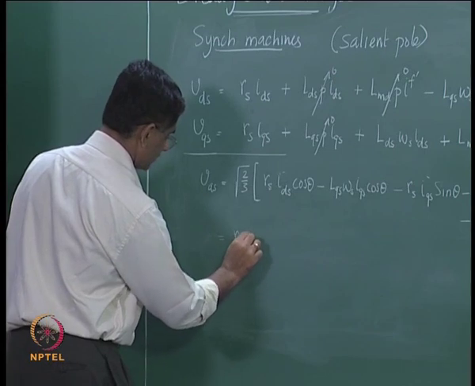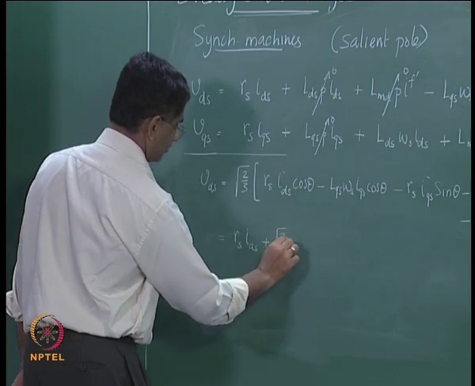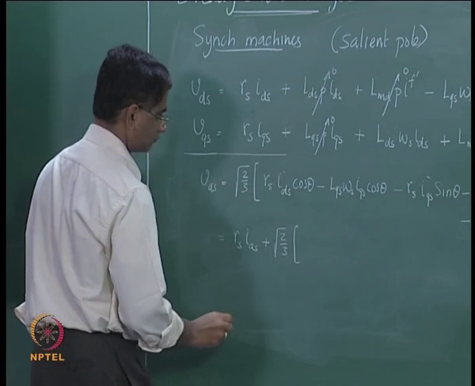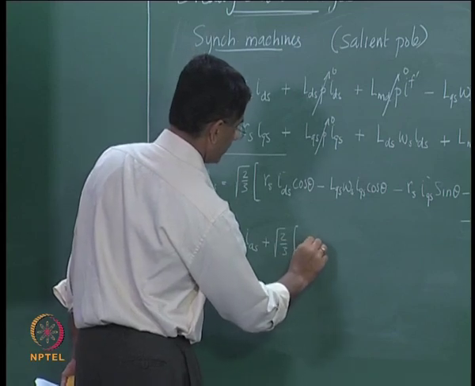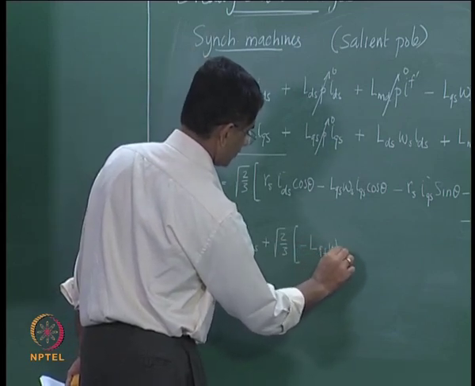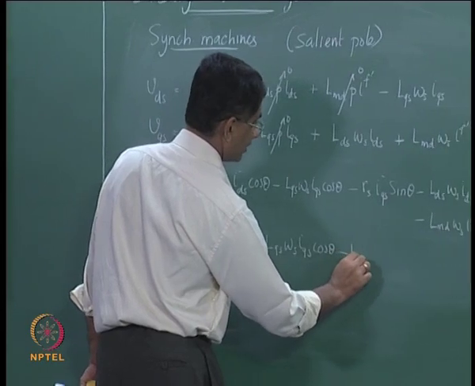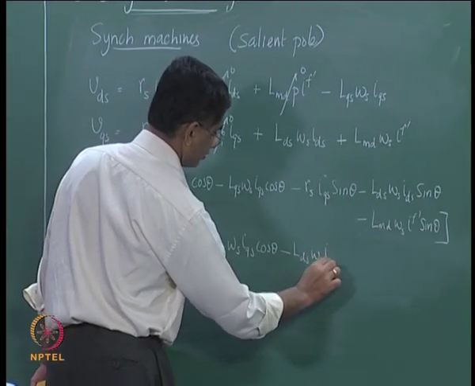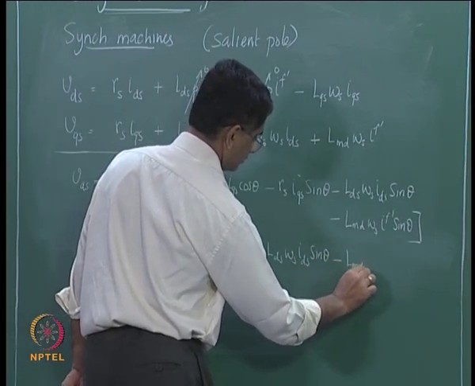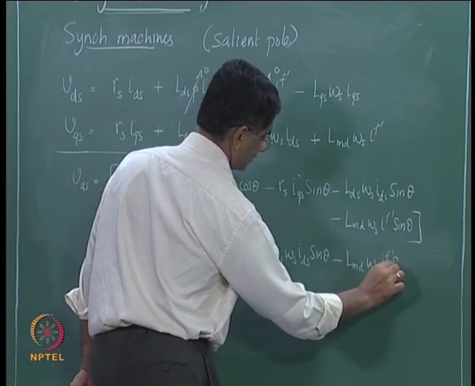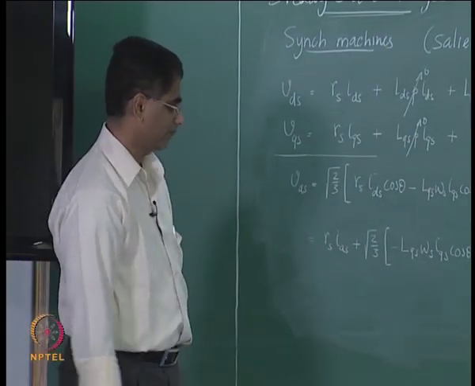So you have Rs into Ias if you take that out, plus root of 2 by 3 times this term, minus Lqs omega s into Iqs cos theta, minus Lds omega s into Ids sin theta, minus Lmd omega s into If dash sin theta. This is what we have.